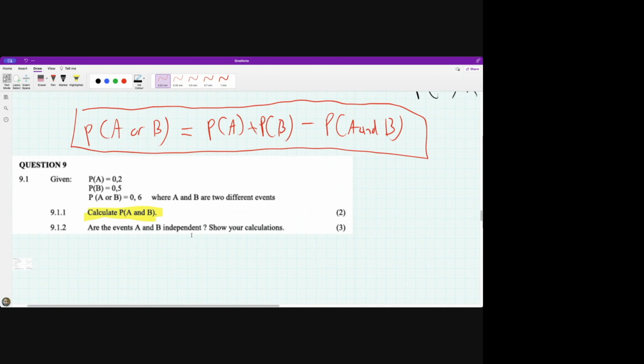And then we'll just do this last one, and then we're done for today. Now, I want probability A and B. So that's what I want. What do I have is the question. See if you can use what you've got here to help you work out the probability of A and B.